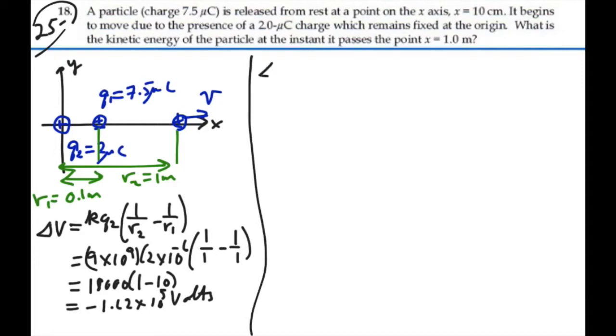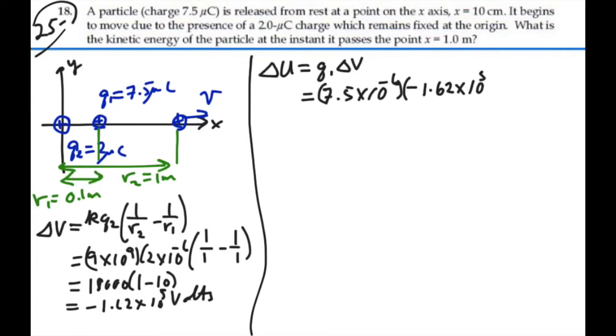So our change in potential energy for it would be Q1 times that change in potential. So that's going to be equal to 7.5 microcoulombs times this change in potential we just calculated, negative 1.62 times 10^5 volts. And that is equal to a negative 1.215 joules.